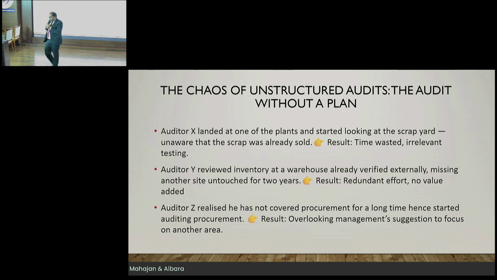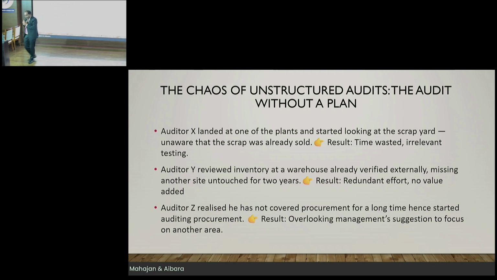Similarly, there were various warehouses in a plant for a particular company, and you took one warehouse which was already covered by an external auditor in the past. That has already been reported and is being repeated by you, which will not make it relevant to consider in the planning.